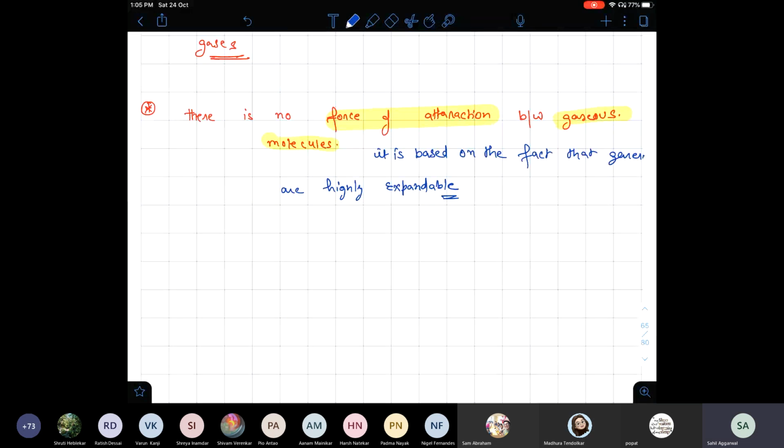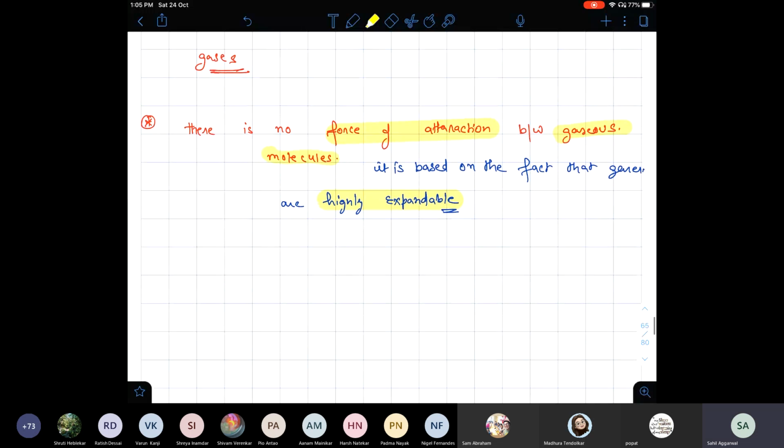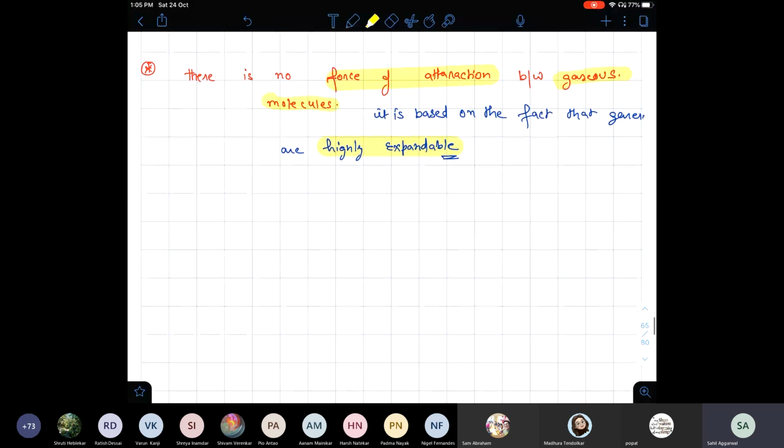So as they are highly expandable, you can expand them to a maximum limit. There should not be any force of attraction between them. Understood? First postulate: there is no force of attraction between the gaseous molecules. It was based on the fact that gases are highly expandable.